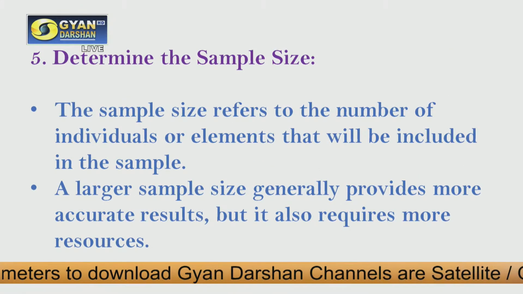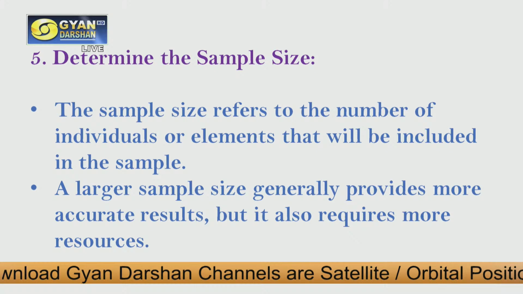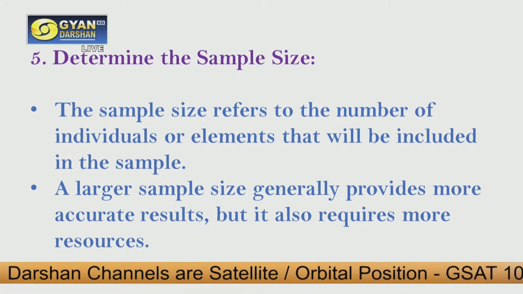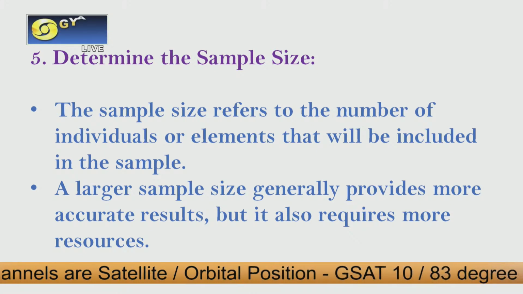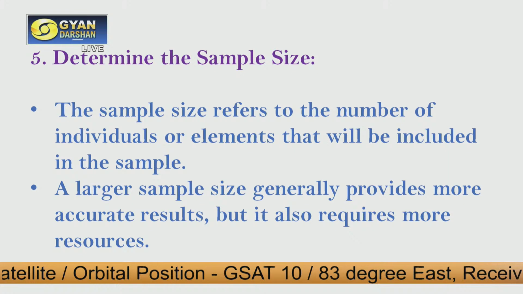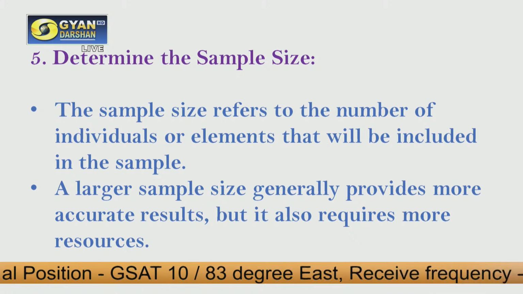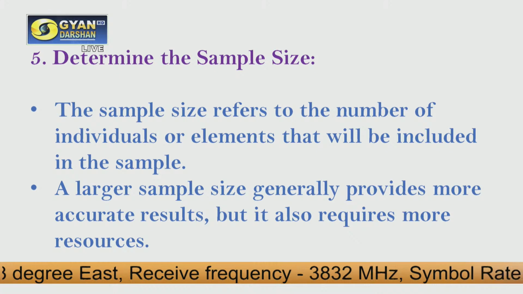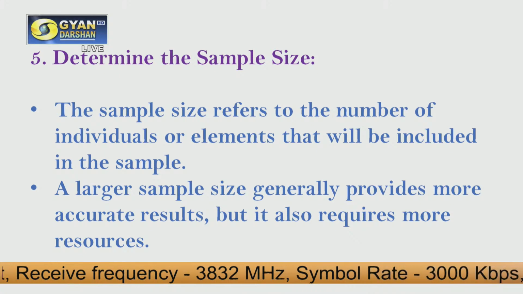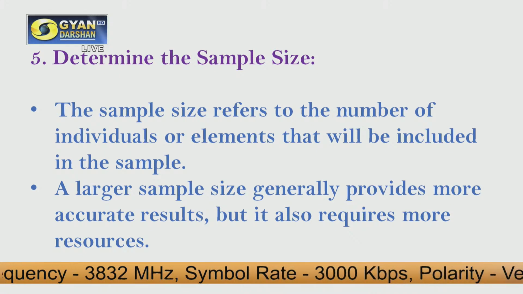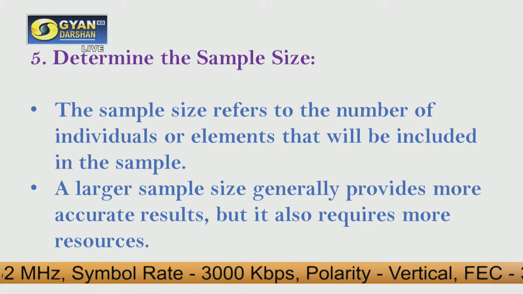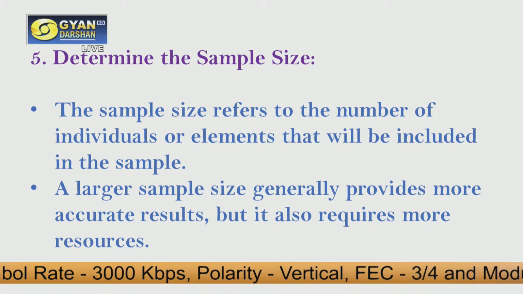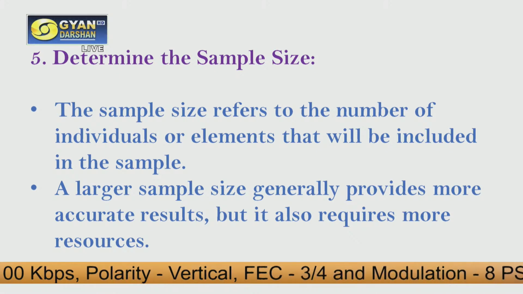Now, the determination of the sample size. Determination of the sample size is a very crucial phase of the research, because whatever the outcome of the research, the reliability, the coherence and the relevance of the research depends on the determination of the sample size.